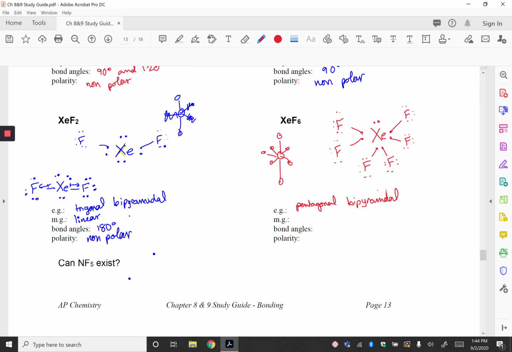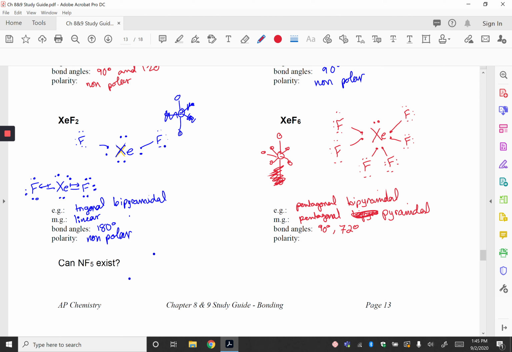So 90 and 72 are the angles. The molecular geometry in this case is a pentagonal pyramidal as opposed to bipyramidal. Just pyramidal. So we don't have the one that's down. We just have the up and then the ones that are all in a plane at 72.